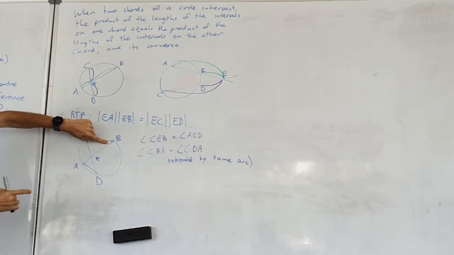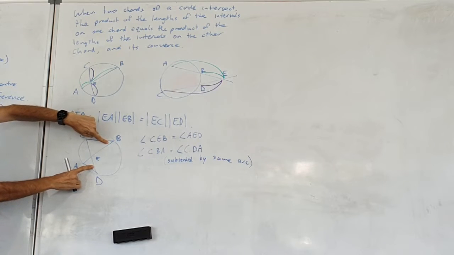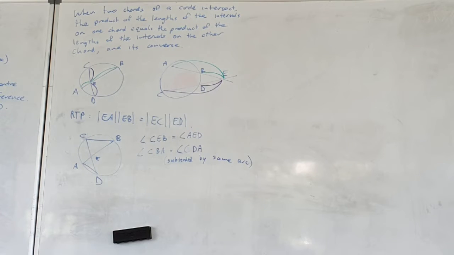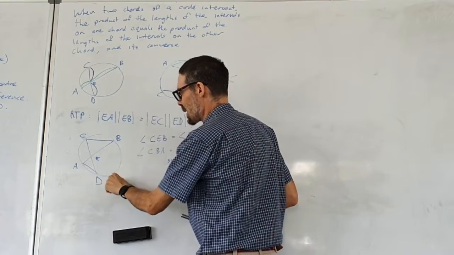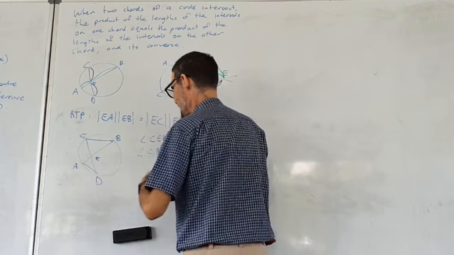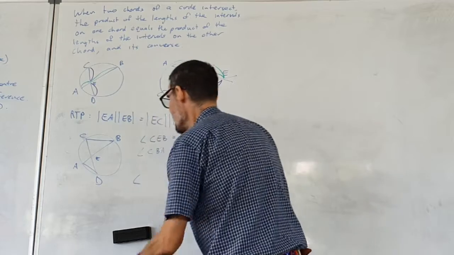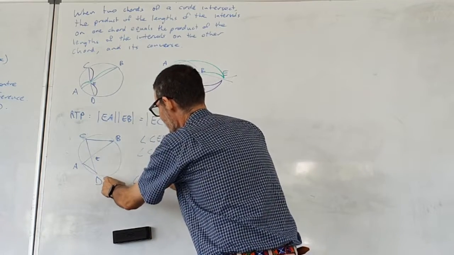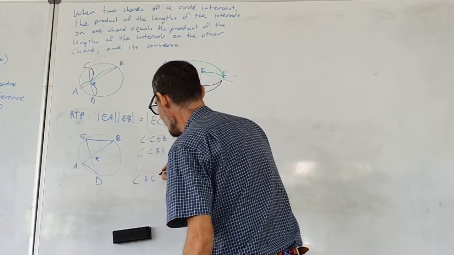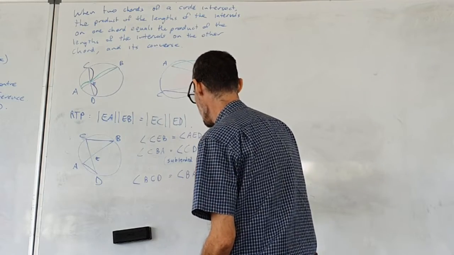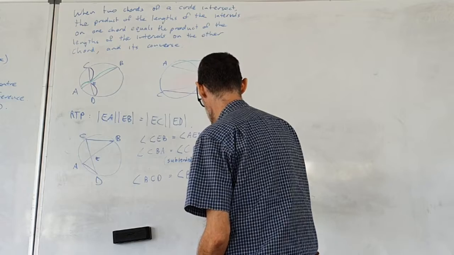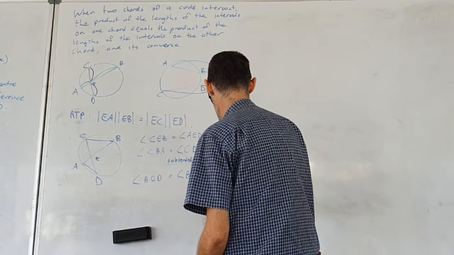So these two angles must be equal. And the same on the other side. This arc subtends this one and that one. So therefore, BCD must equal BAD. Same arc again.